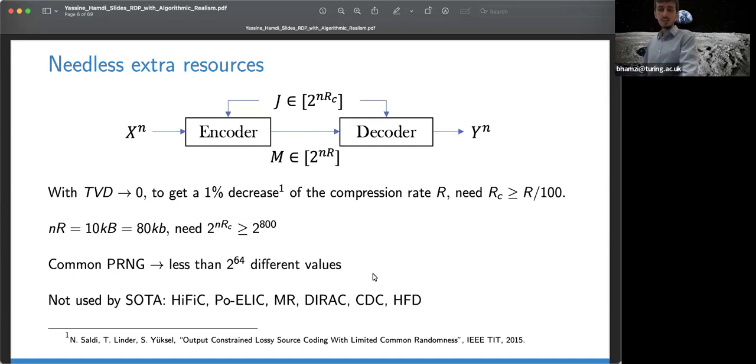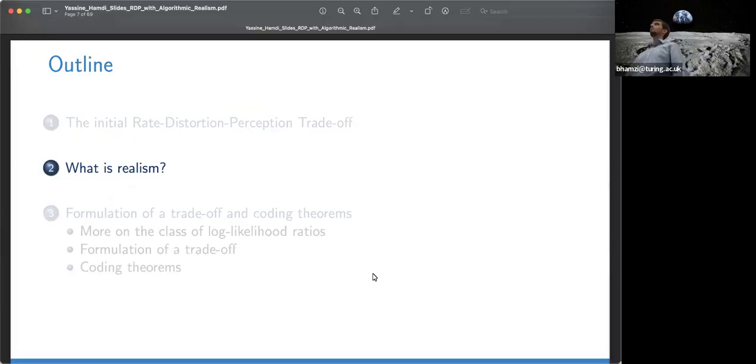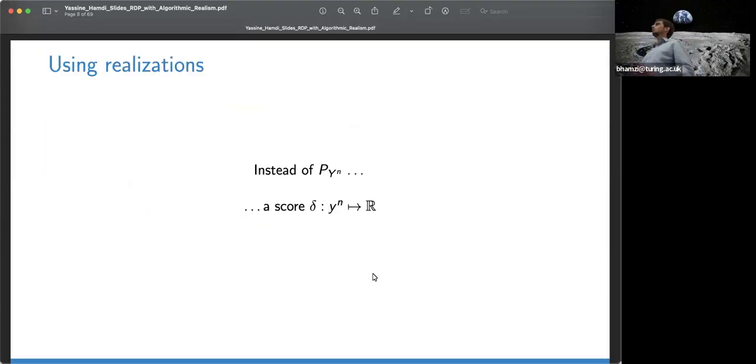So, okay, so that being said, what is the correct or better definition or formalism for realism? And if we're not going to talk about the distribution of the compressed images or reconstructions, we're going to actually talk about single realizations. Think about that, it's quite natural. We can take an image and say whether it looks realistic or not.